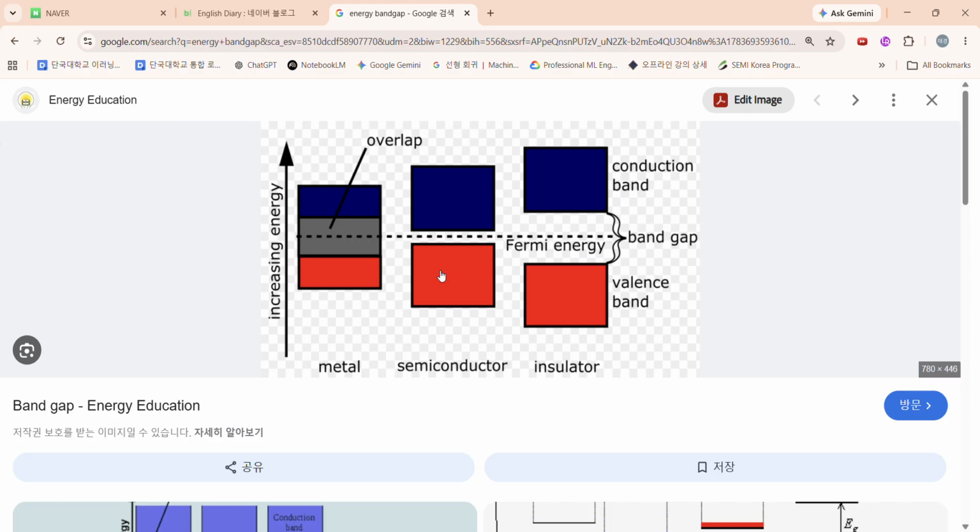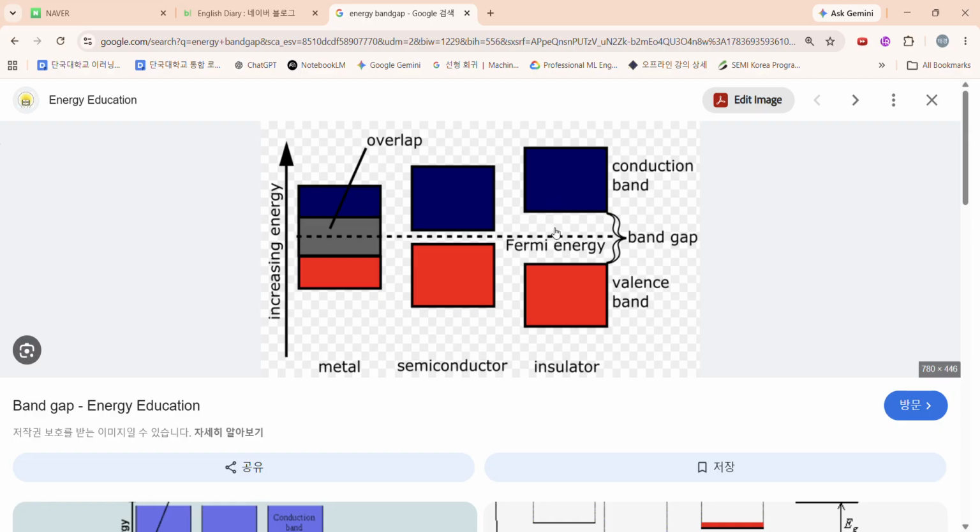Okay, it is a chart of the energy band diagram. If the energy band gap is high, then it's hard to excite electrons to the conduction band. The flow from the valence band to the conduction band is current.